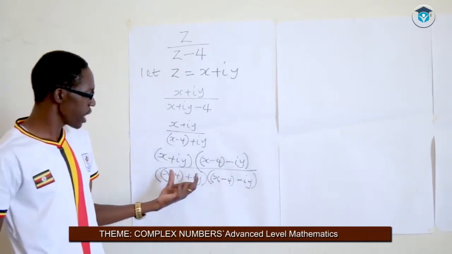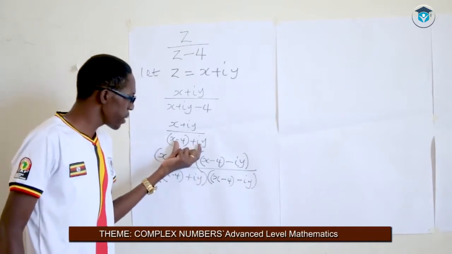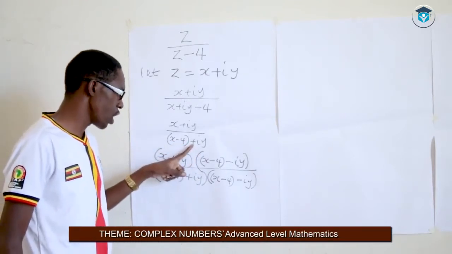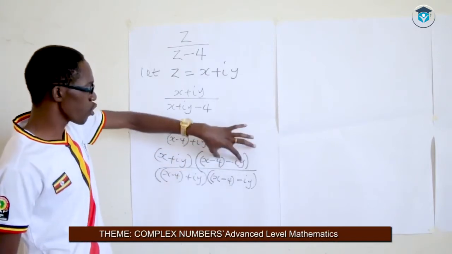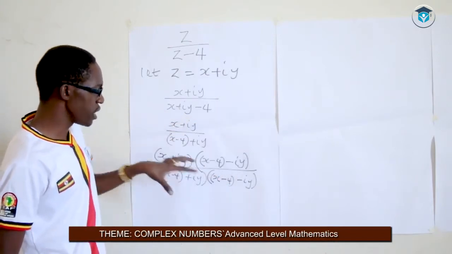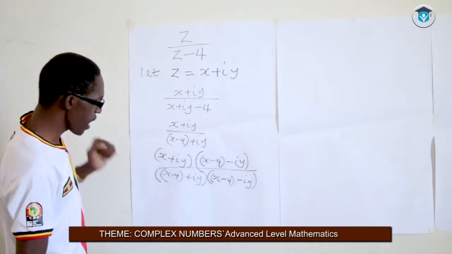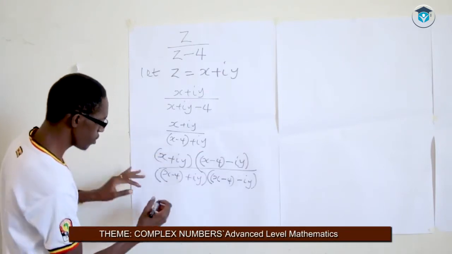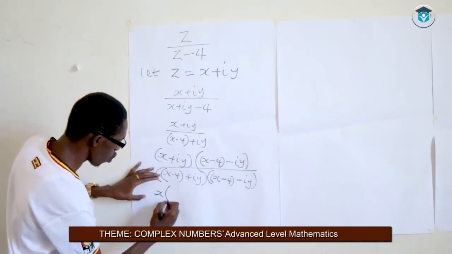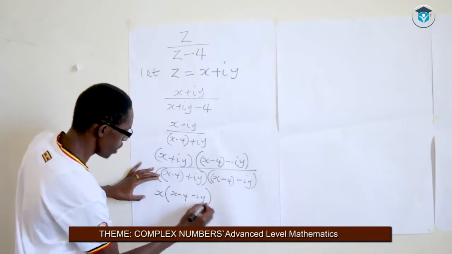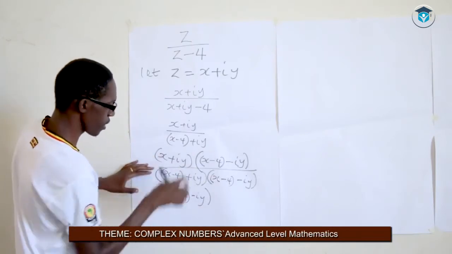So here we are trying to get the conjugate of this denominator, and the conjugate is the one with the minus, since this one is the positive. So we multiply it down and we also multiply it up. Then we open these brackets. This x will multiply the whole of this, and this becomes x into x minus 4 minus iy.